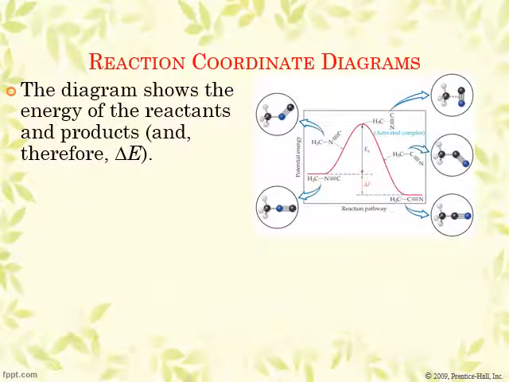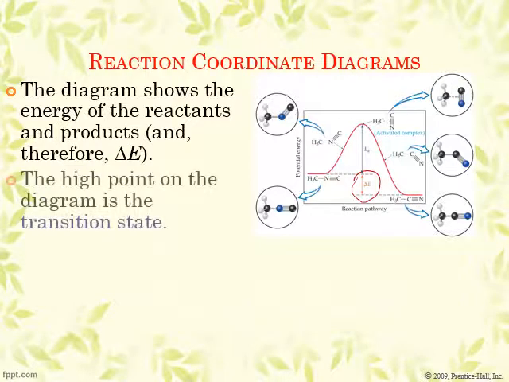This diagram shows the energy of the reactant and also the product, and you can see this point here indicates the change in terms of energy during the formation of product from reactant. So the high point in this diagram, which is here, is the transition state.